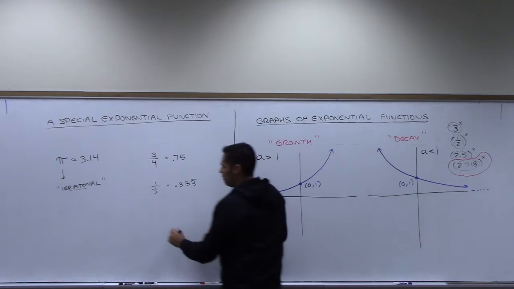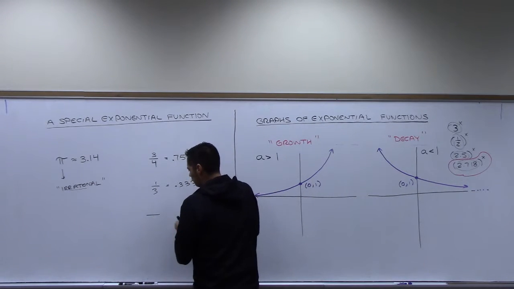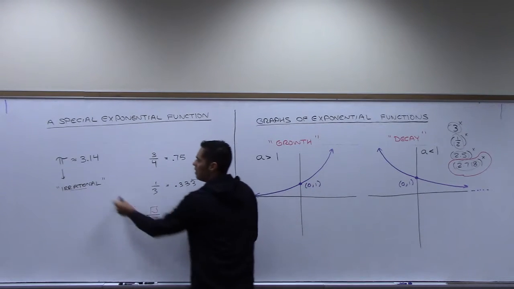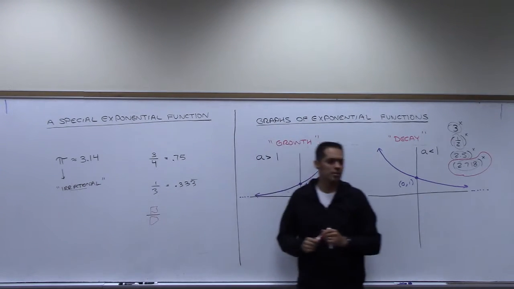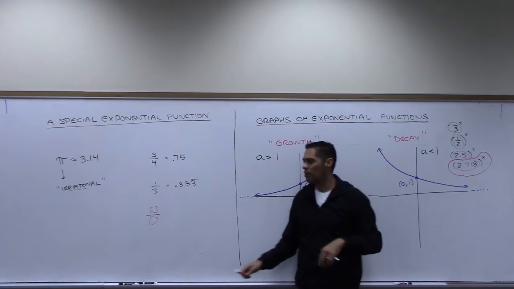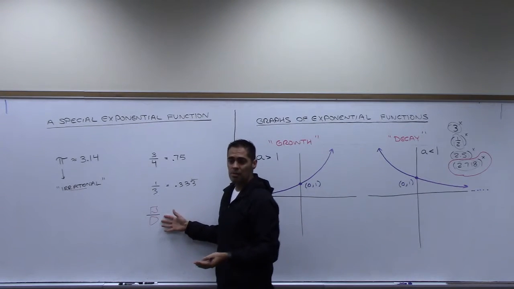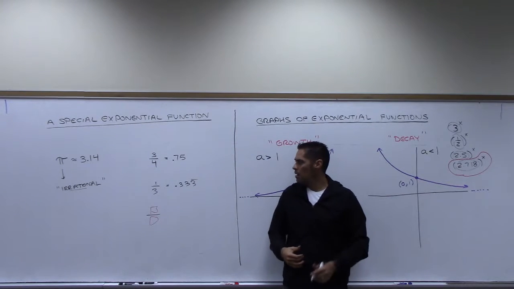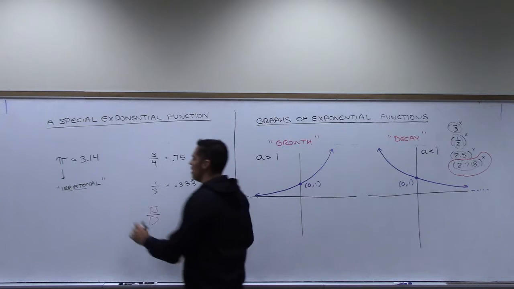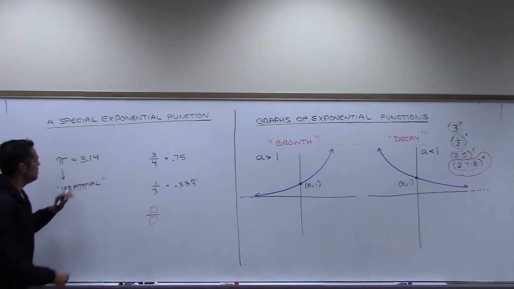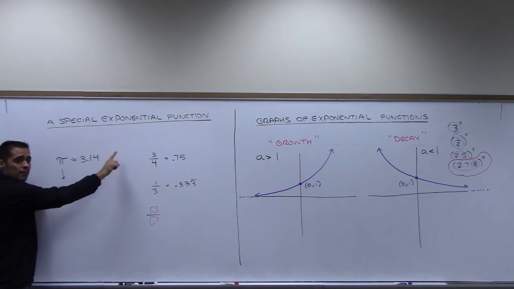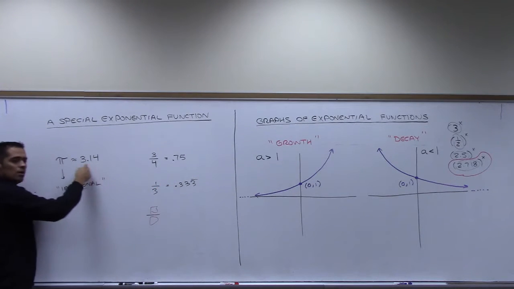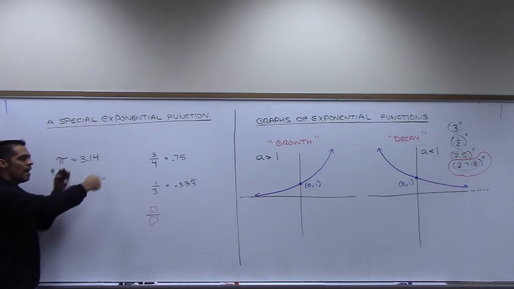Can I create a fraction, plug some numbers in here, that would give me pi? And the answer is no. It's impossible to create the number pi from a fraction. So it is irrational, not a ratio. Does that make sense? So what makes pi unique is not only is it a decimal that keeps going forever, like this one, but it never has a pattern.